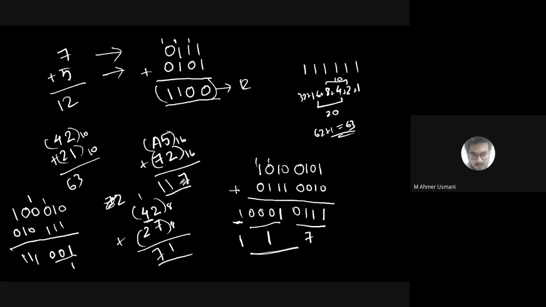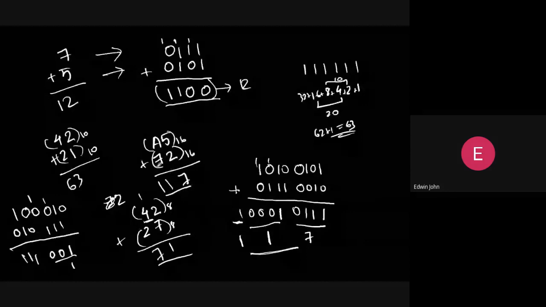Sir, 42 + 27 तो 69 होगा ना? That is for decimal. 42 + 27 ये मैं डेसिमल में करूंगा तो 2 + 7 हो जाएगा 9, 4 + 2 is 6. 6 9, क्या ऑक्टल में 9 होता है क्या? नहीं. So it cannot be right.